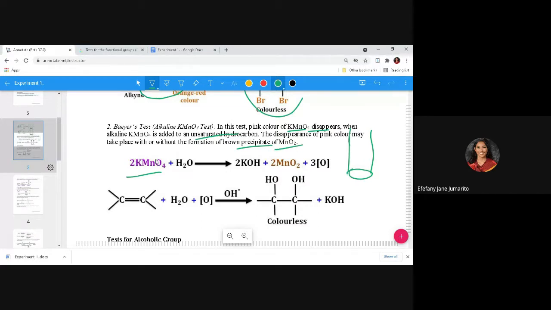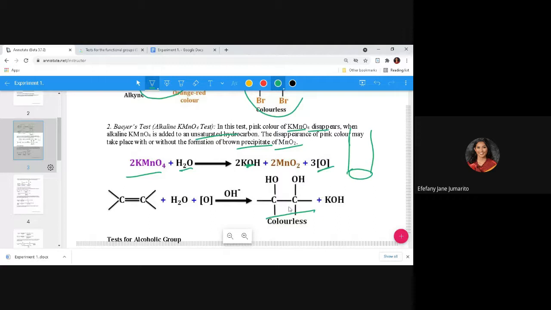We have KMnO4. When that reacts with water, it will form potassium hydroxide, then we also have manganate, and also water. Now, if it is unsaturated, the water together with oxygen and our OH, because it's under basic condition, will form this one.